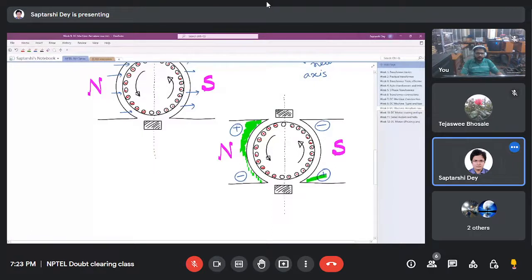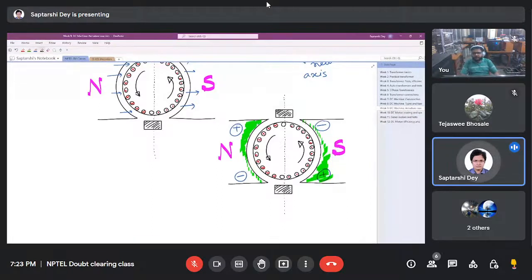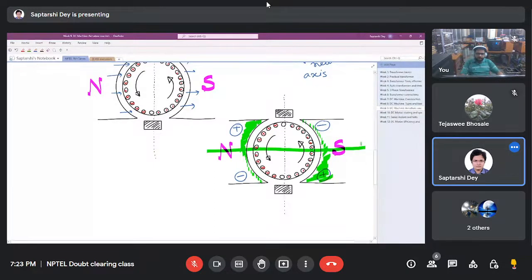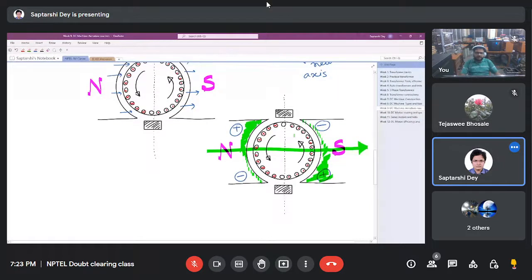On the other hand, here I have large flux flowing, which is reducing here. So previously, the magnetic field due to the field winding of the machine was perfectly horizontal, like this. But now it has changed.